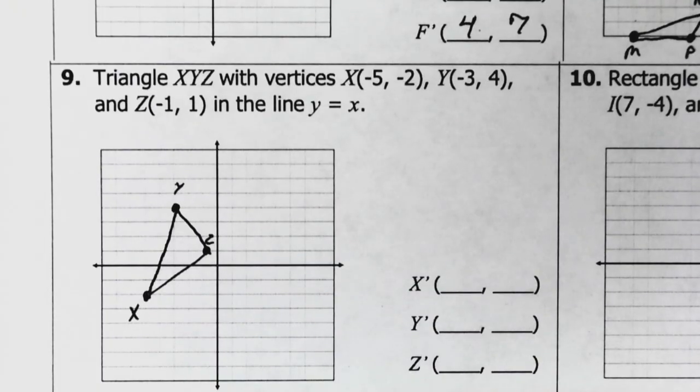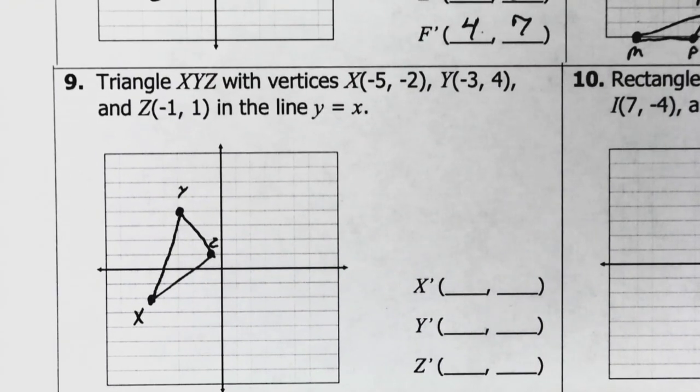All right, guys. So then the last type of line of reflection we're going to be talking about are the diagonal lines. So the diagonal lines are going to be represented by y equals x or y equals -x.